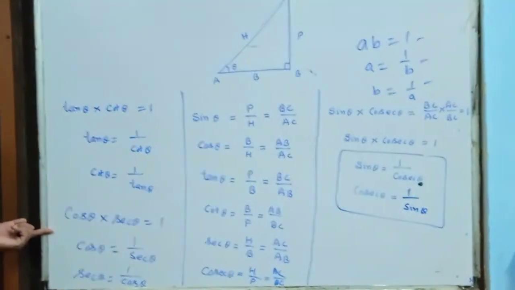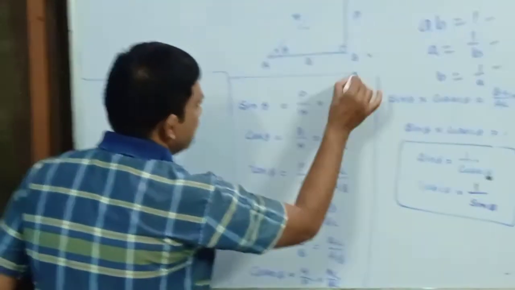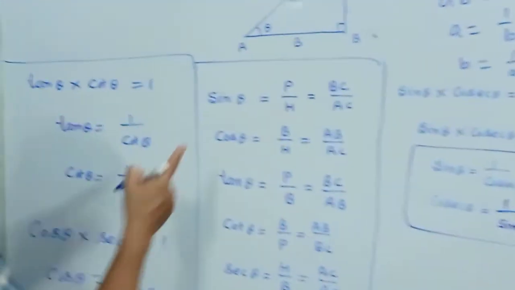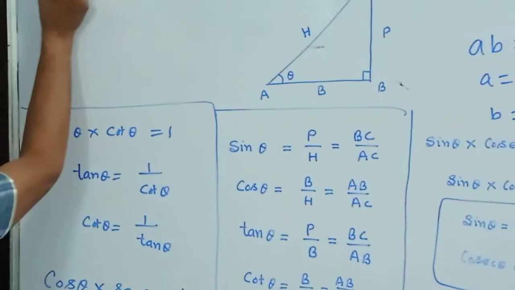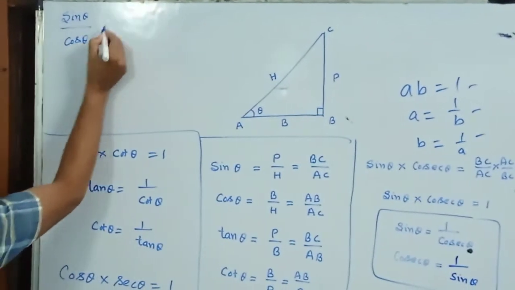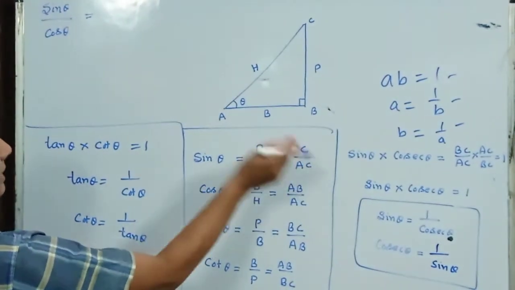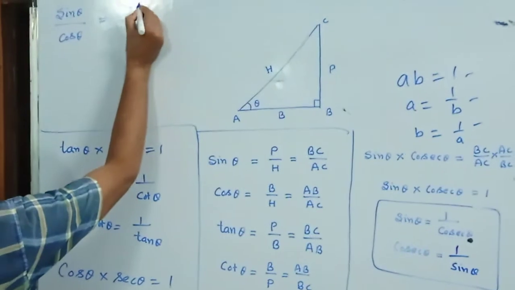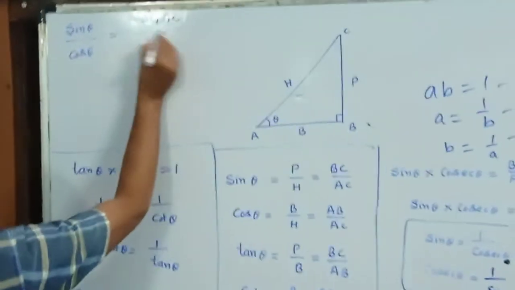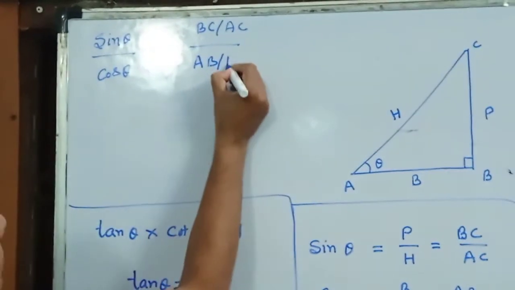And one more important relation, and I am giving the derivation of that relation here. If I find sin theta by cos theta, by definition from the figure you can find sin theta is BC by AC, and cos theta is AB by AC.